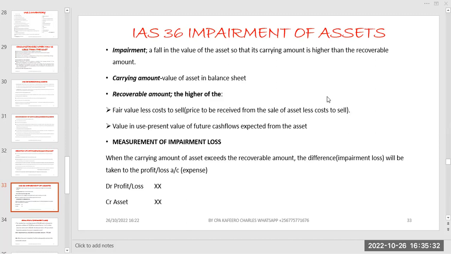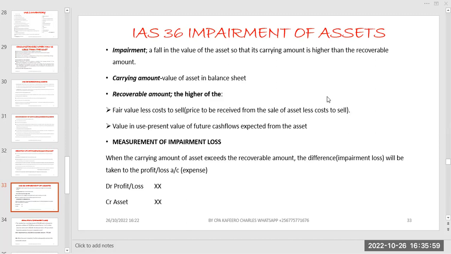So the recoverable amount is the higher of the fair value less cost to sell, that is the price to be received from the sale of the asset less cost to sell, or the value in use, that is the present value of the future cash flows expected from the asset. If they are future cash flows, it means we want to know how much they are now.